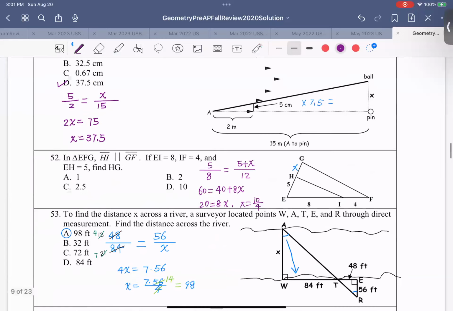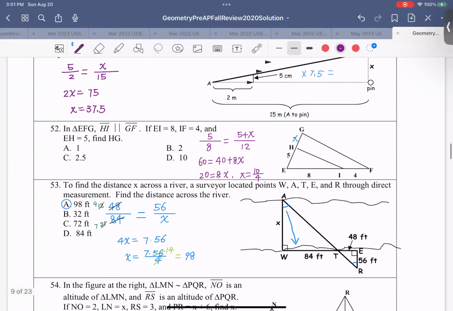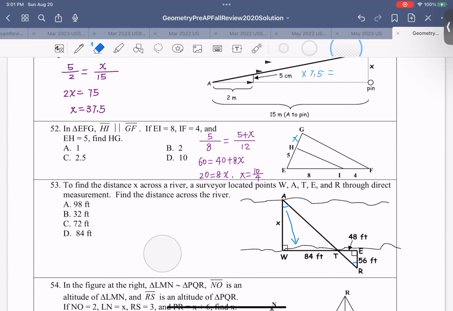And then we can also do this guy here. You try one more, please. How do we list the equation here? These two angles are equal, these two are equal. So these two triangles are similar, okay? Go ahead.